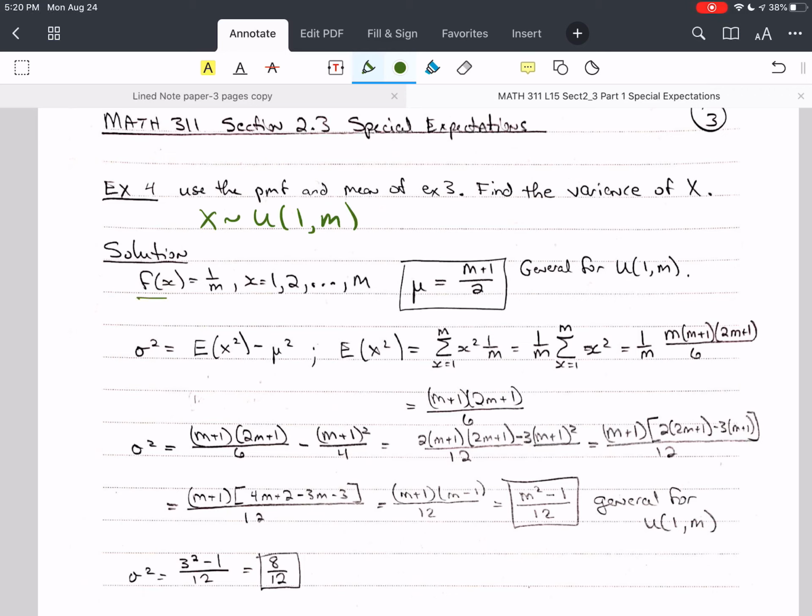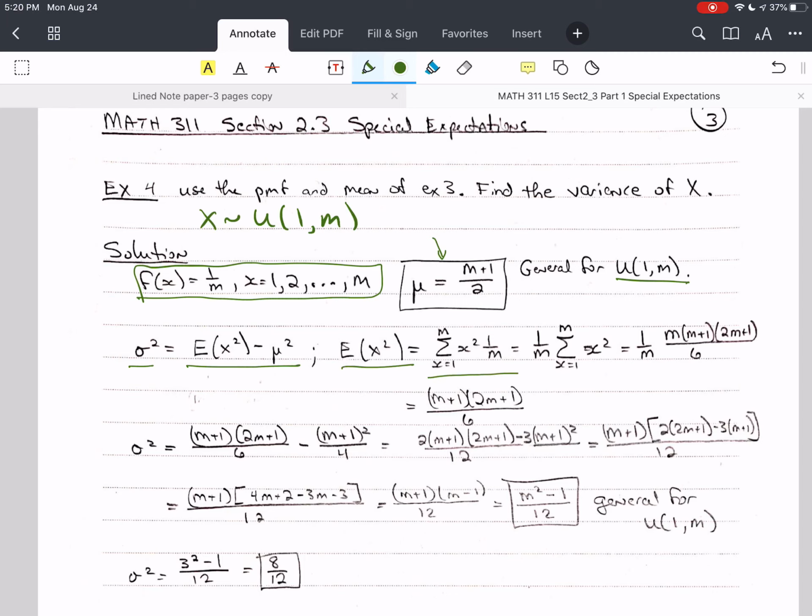Now, f of x again, here's our PMF that we've written down. We know that mu from our example is here, and this is in general for all uniform distributions u1m. So to calculate the variance, we need E of x squared minus mu squared. We have mu, so what we need to calculate is E of x squared.